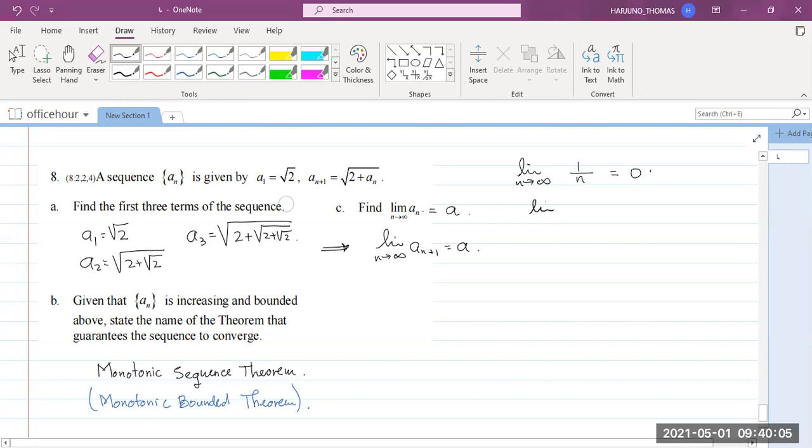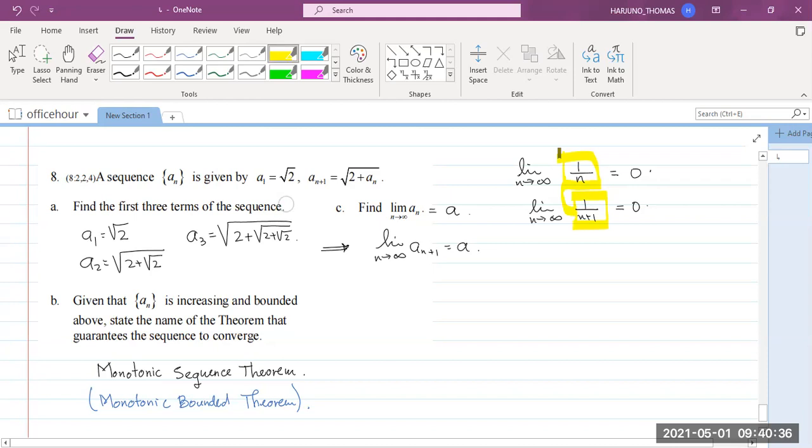Okay, now how about limit as n goes to infinity of 1 over n plus 1? That would also go to 0. Now, there are two ways to look at this. First, you see that as a function 1 over x compared to 1 over x plus 1. But you can also think that this term is actually the next term after that one.